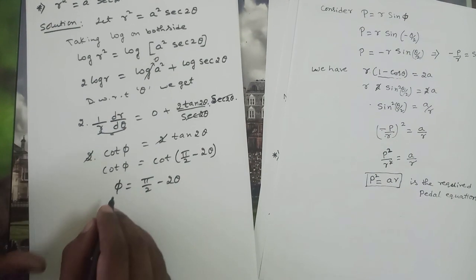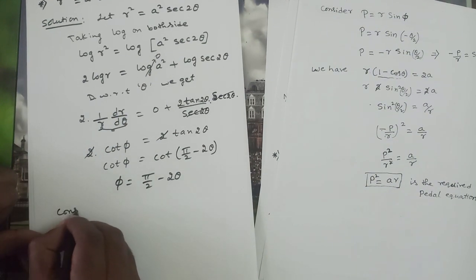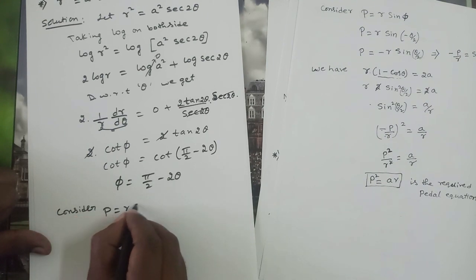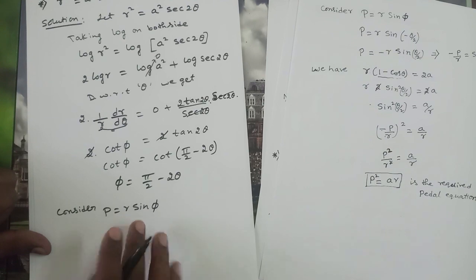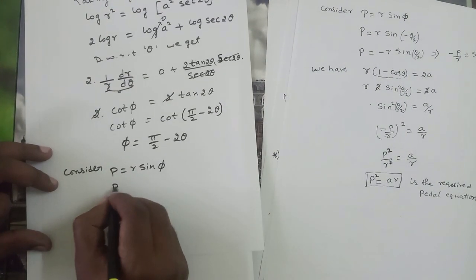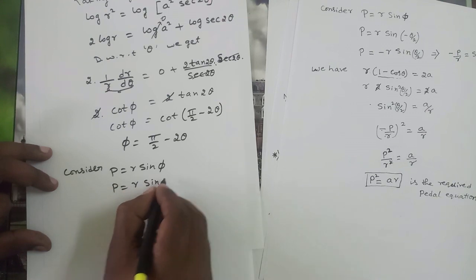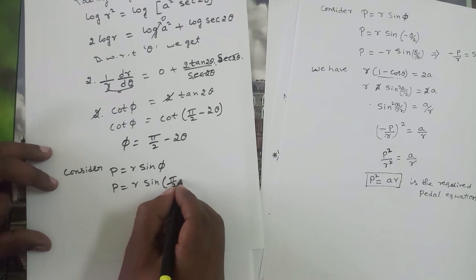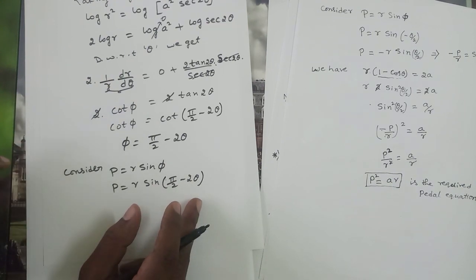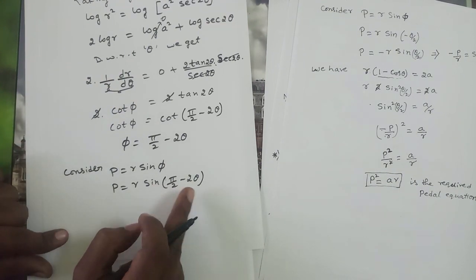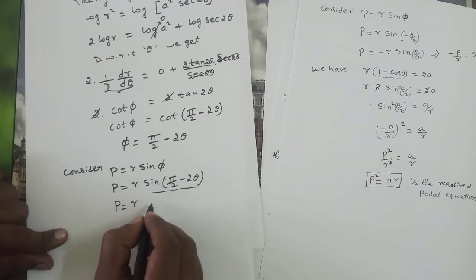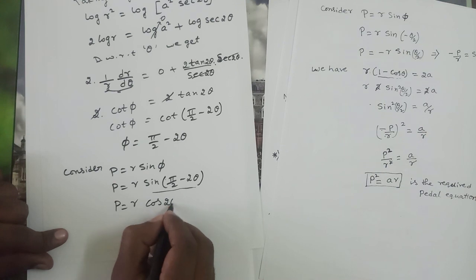Now we consider p is equal to r sin phi. What is phi? p is equal to r into sin of pi by 2 minus 2 theta. This can be written as cos 2 theta. So p is equal to r cos 2 theta.